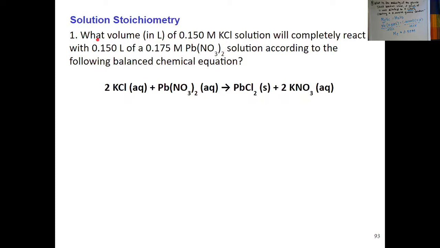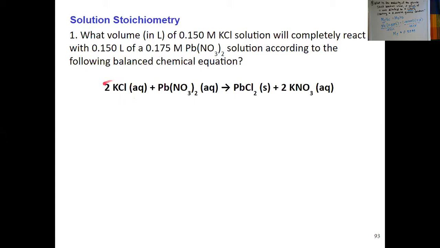Okay, and look at the information that they give us for the lead nitrate. They give us a volume value and they give us a molarity. Molarity times volume is moles. So right away, we know what the moles of lead nitrate is going to be. We can just multiply these two values. Once we know the moles of the lead nitrate, then we can use our balanced chemical equation and relate every 1 lead nitrate to 2 moles of KCl.